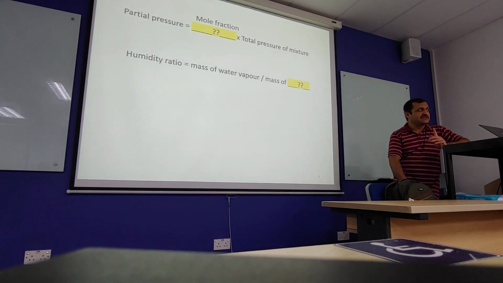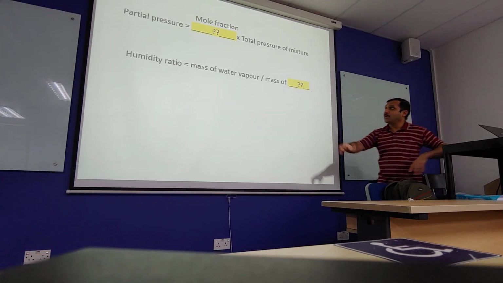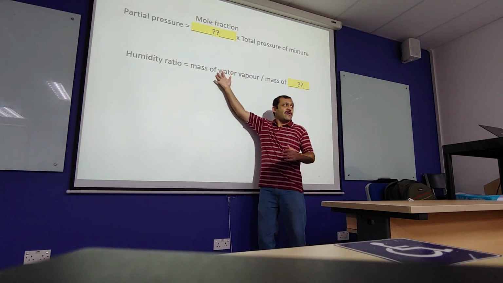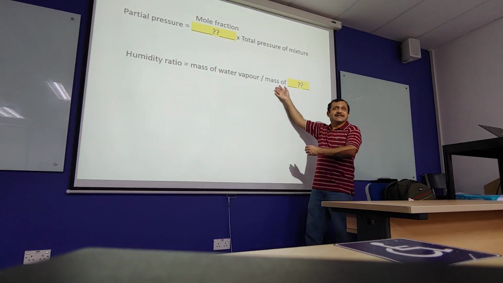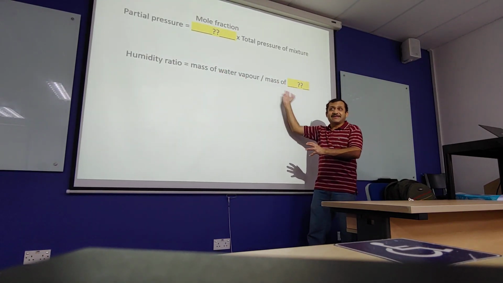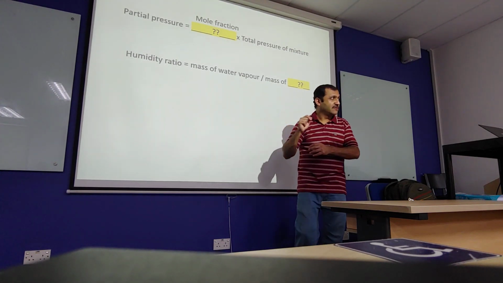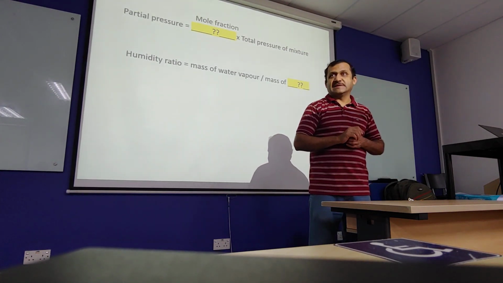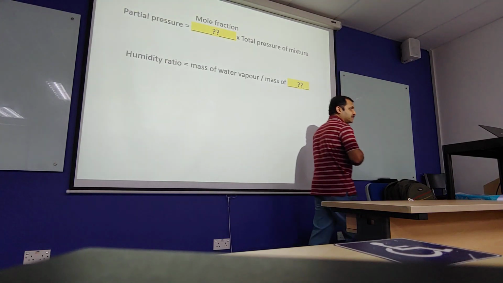Air is correct, but is it complete? Is it saturated air or dry air? Remember now? It should be dry air. So how many grams or kilograms of water vapor is present in how many kilograms of dry air? That ratio is called humidity ratio. Make sense?